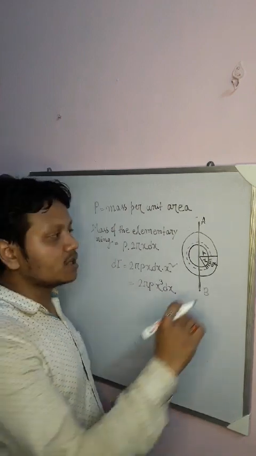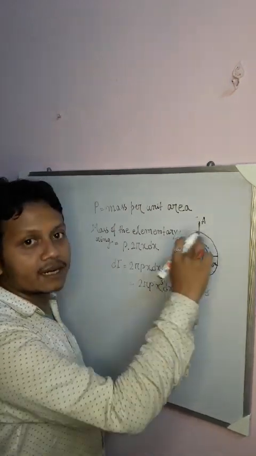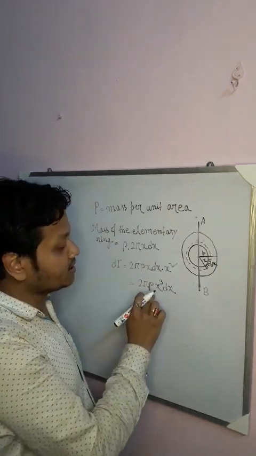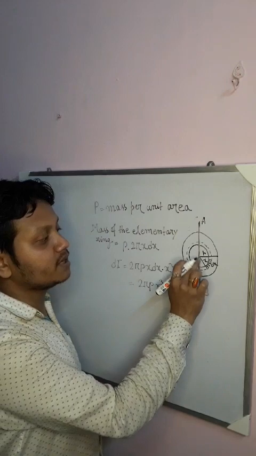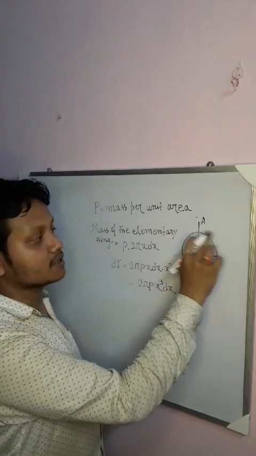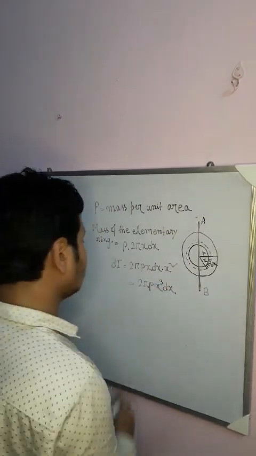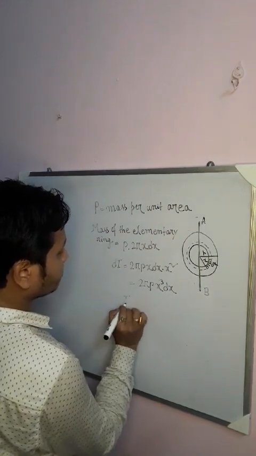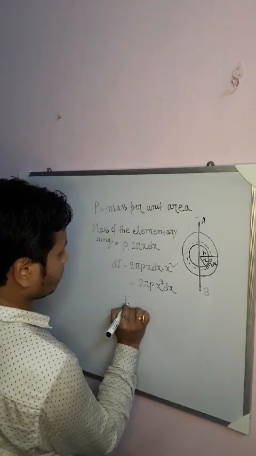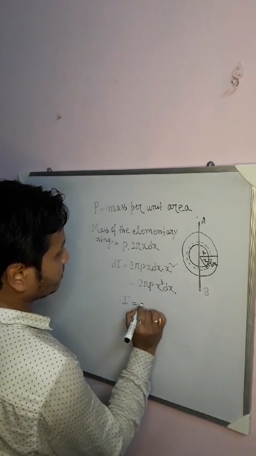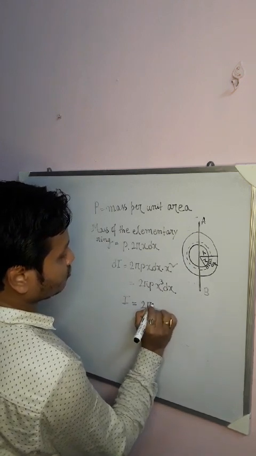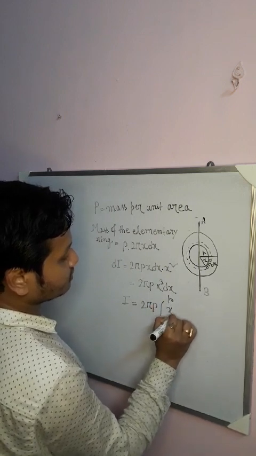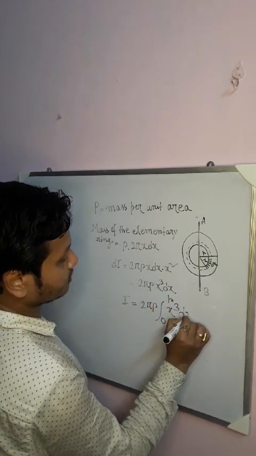So what will be the moment of inertia of the entire disc about the axis of rotation AB? Simply we have to integrate this expression within the limits 0 to r, because r is the radius of the entire disc. If we denote I as the moment of inertia of the entire disc, the result is 2 pi rho, which is constant, integral from 0 to r of x cube dx.